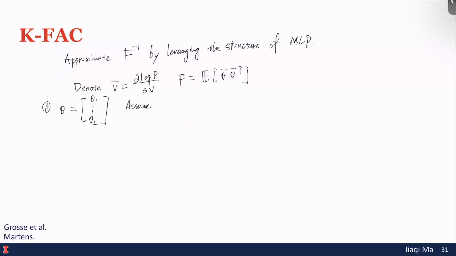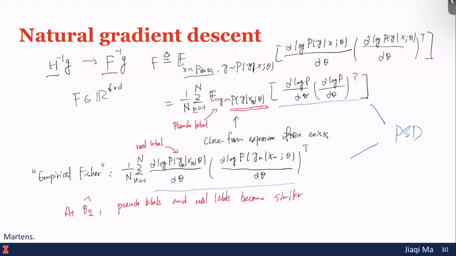The assumption we're going to make is that theta_K bar is independent of theta_L bar. The independence is because these theta bar are actually random variables, since we are sampling; they depend on the random sample of y.